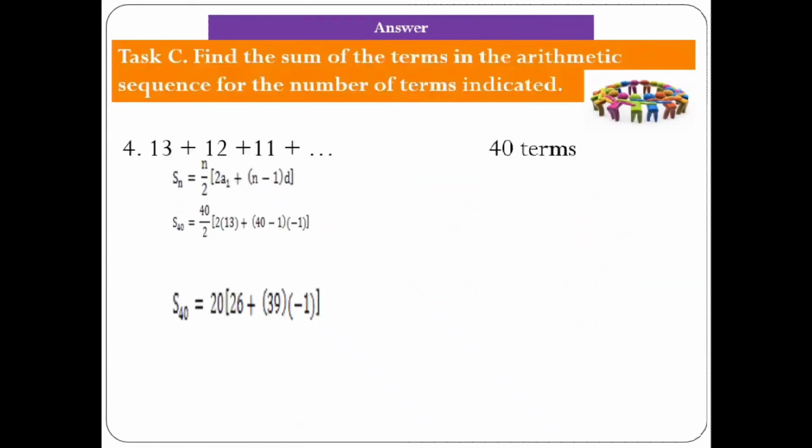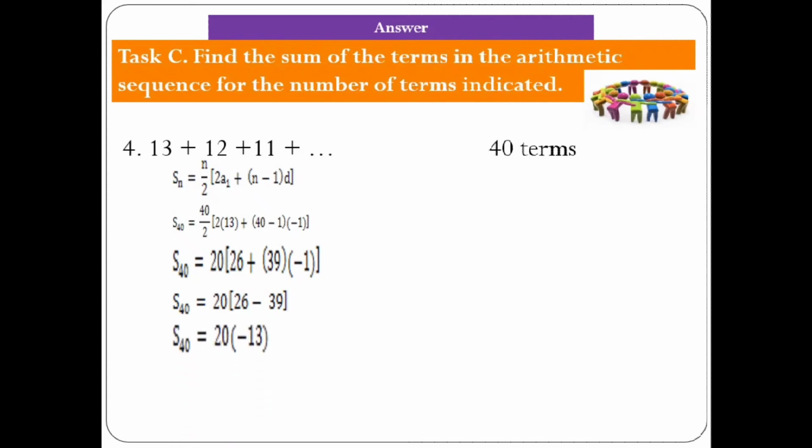Number 4, we will look for the sum of the first 40 terms of the given sequence 13, 12, 11, and so on. The first term is 13, the common difference is negative 1, and n is 40. So by substitution, S of 40, or the sum of the first 40 terms of the given sequence 13, 12, 11, and so on, is negative 260.